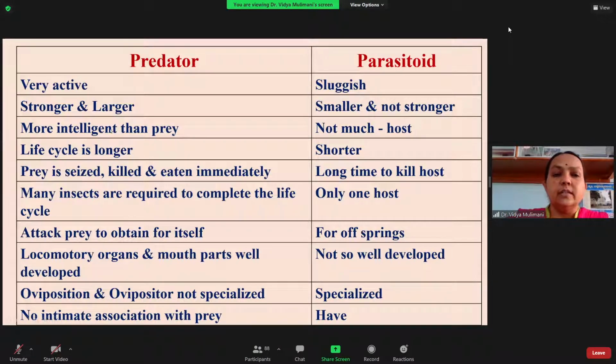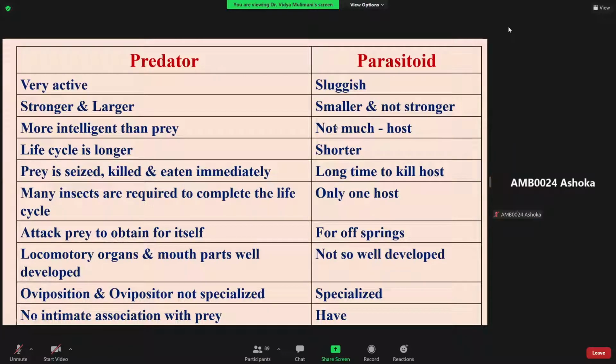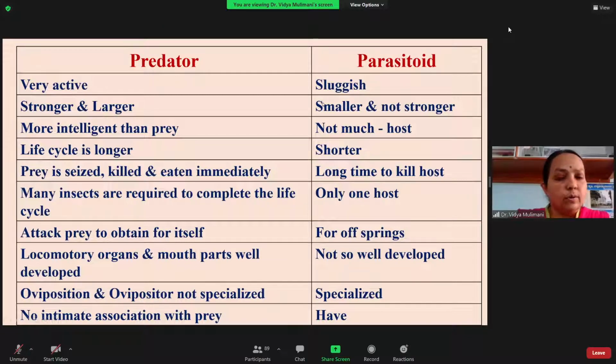And the predator is intelligent, you know that, because it has to make a sketch for catching the prey. So that is why it is more intelligent than the prey. Here it is not much, because it only uses sensory cues for locating the host or finding the size and everything. So it is not much intelligent when you compare it to the predator.